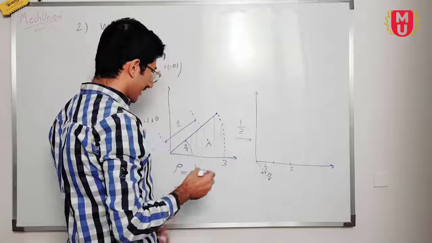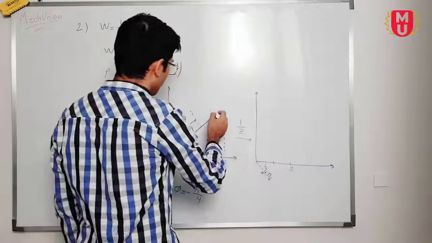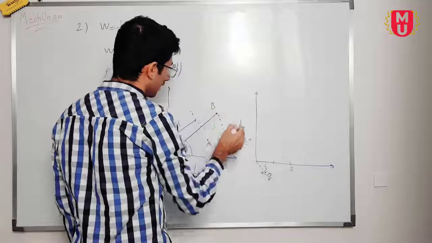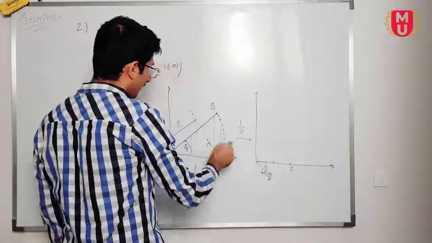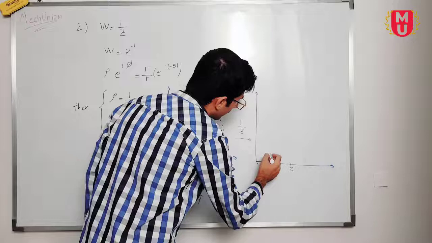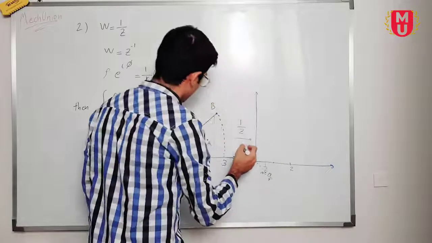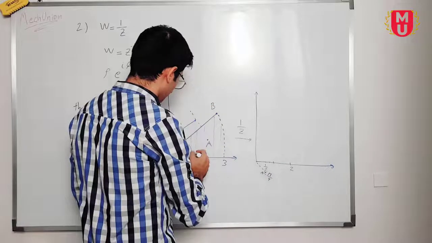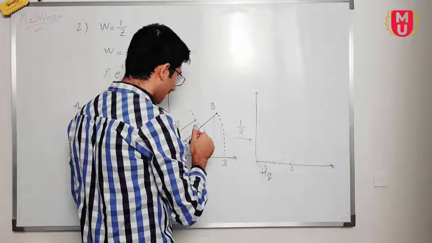We call it, and this point we call B. We'll have a distance of 1 over 2. Oh, I made a mistake.